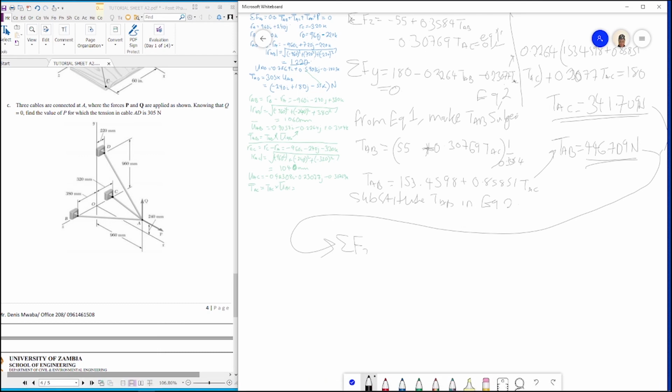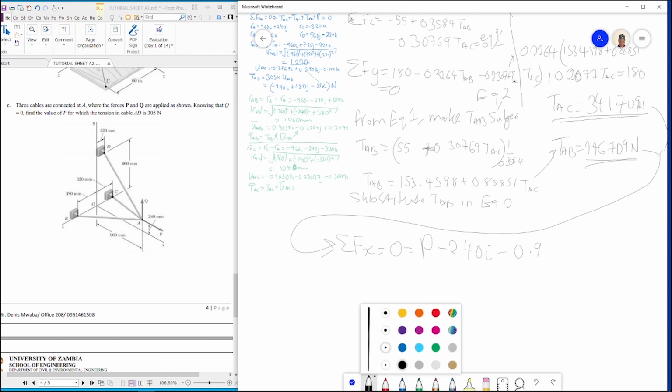From what I have, summation of forces in the X is equal to 0, which is equal to P, we'll start with P, minus 240 I for TAD, minus 0.9057.